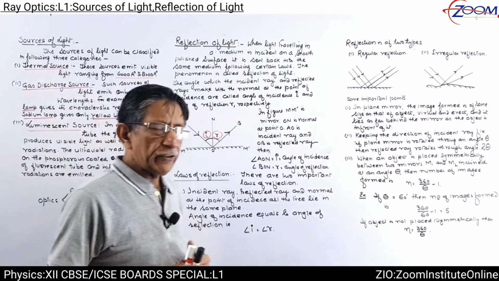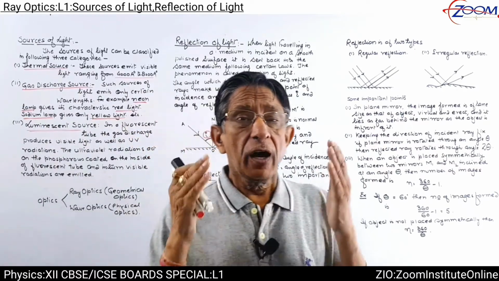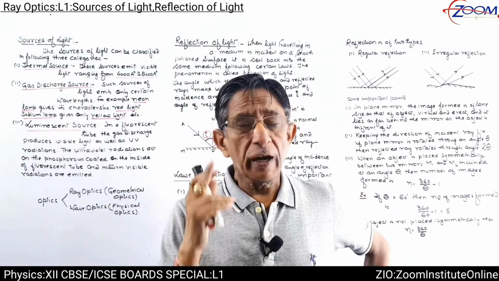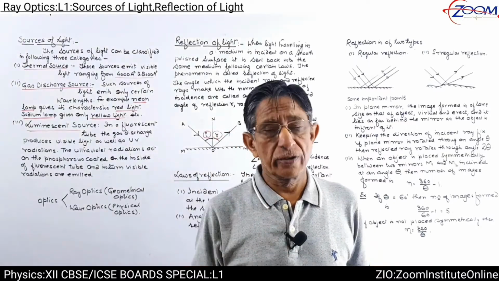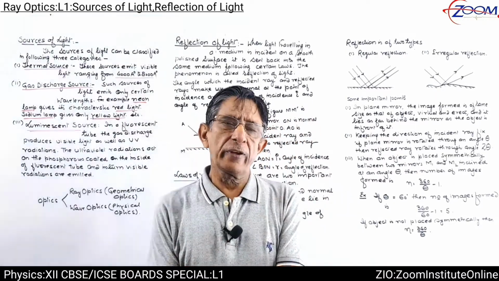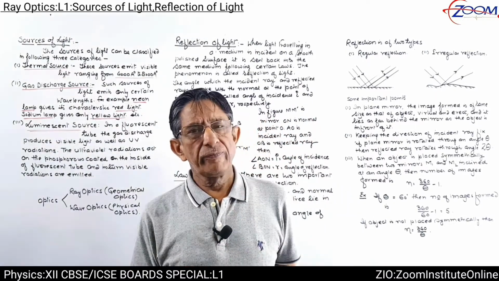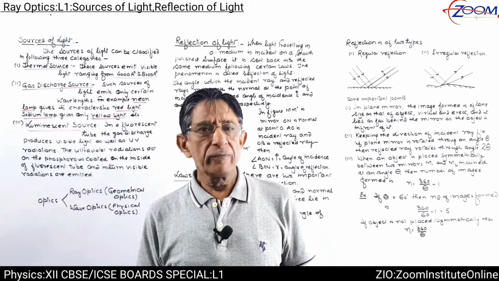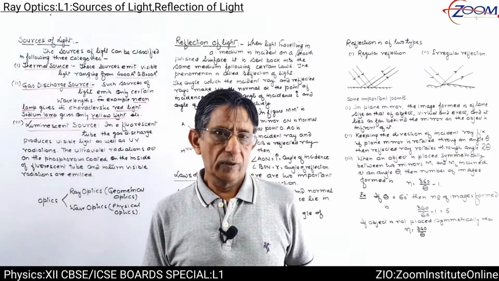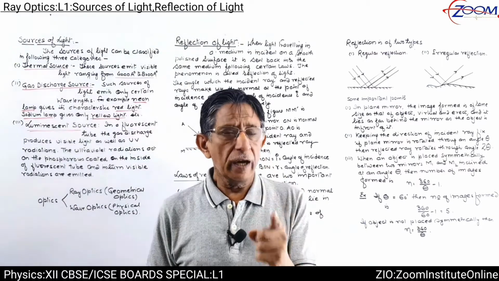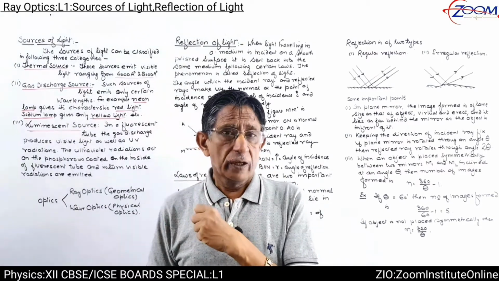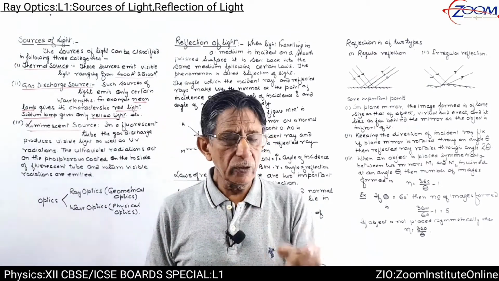Students, reflection of light takes place under two laws. There are two important laws of reflection. The very first law states that the incident ray, reflected ray and normal, all the three lie in the same plane. You are drawing the diagram in your notebook.